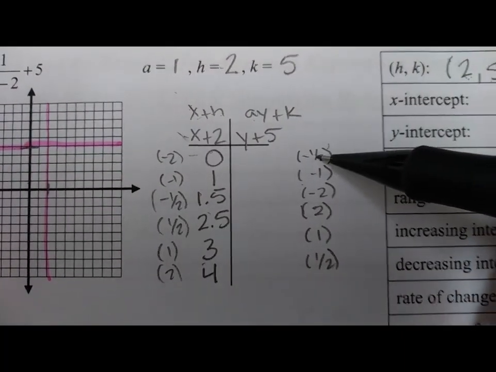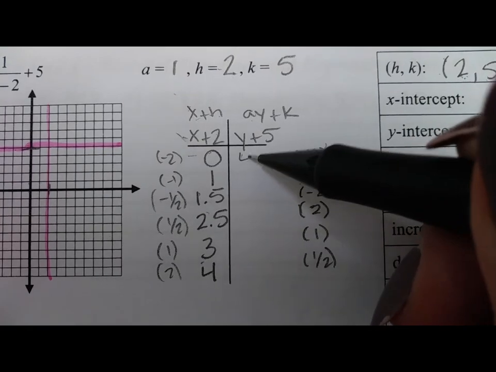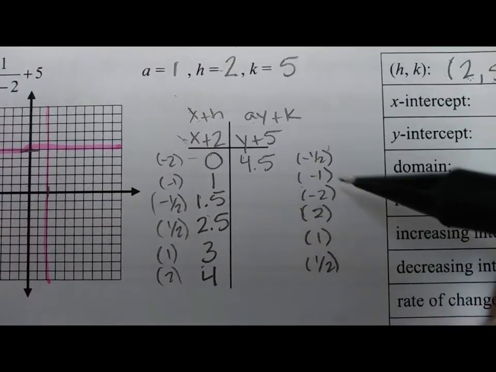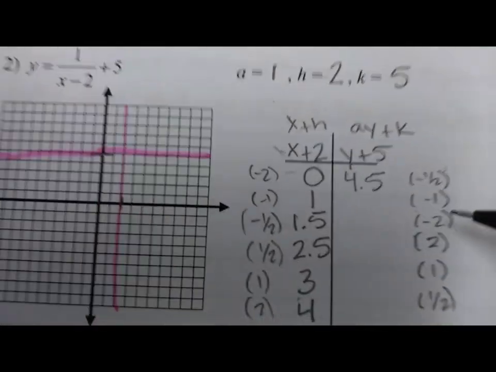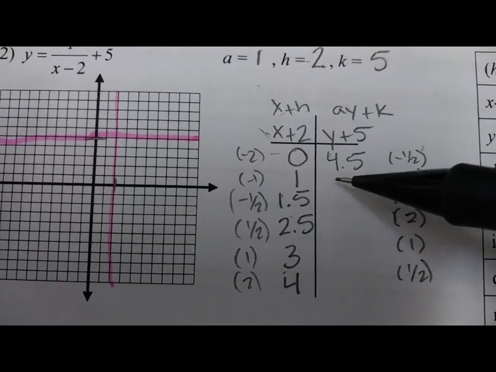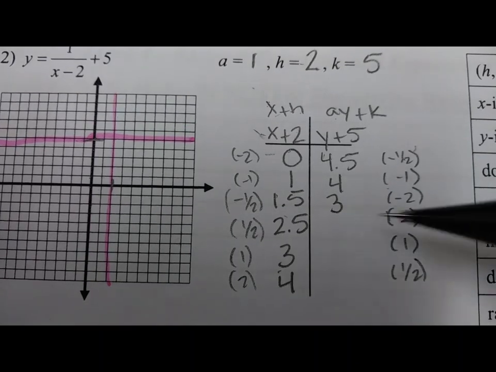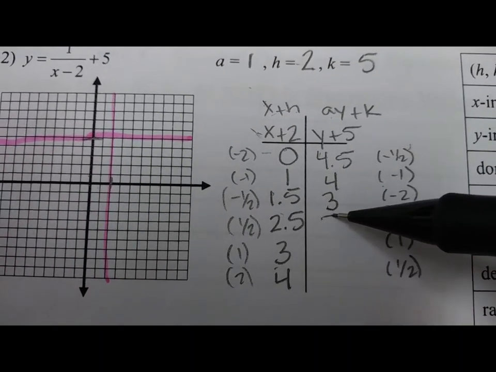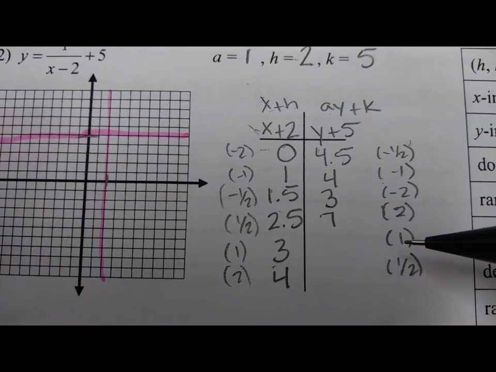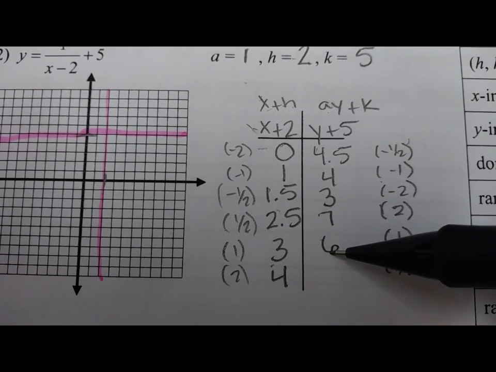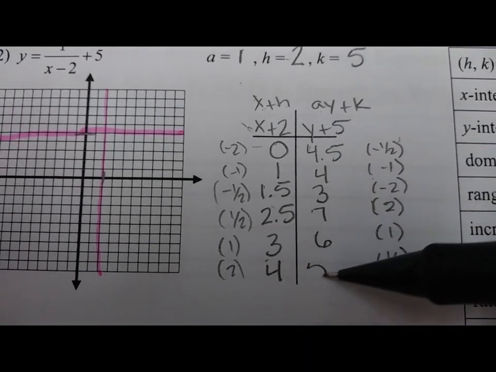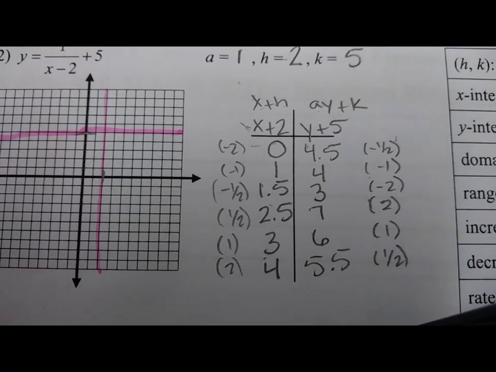So now -half plus 5 will give us 4.5. -1 plus 5 will give us 4. -2 will give us 3. 2 will give us 7. 1 will give us 6. And half will give us 5.5.